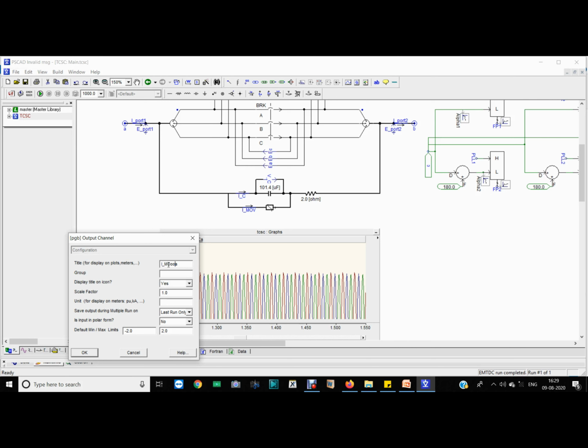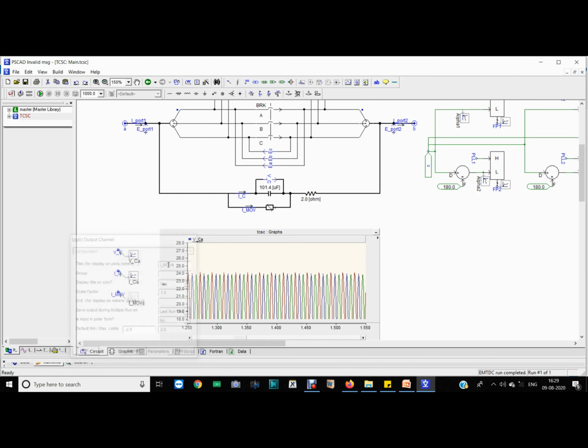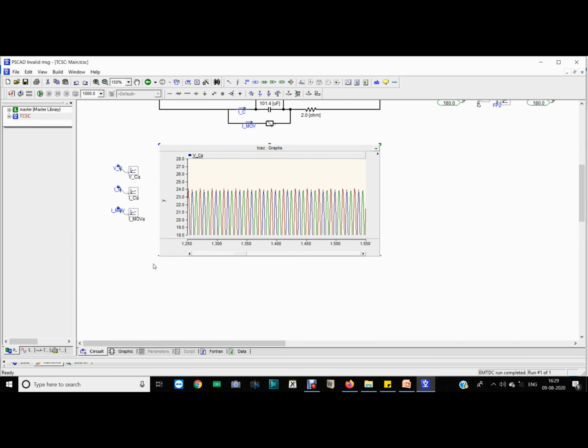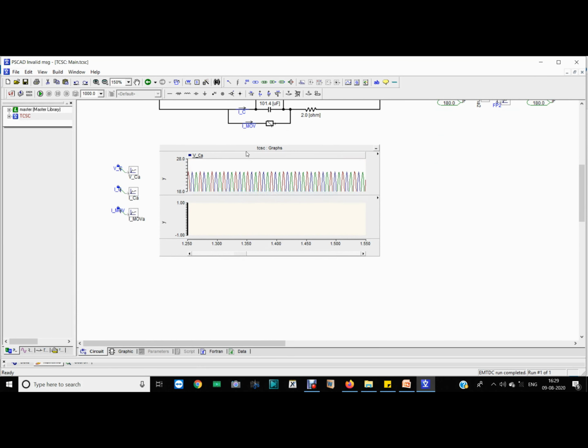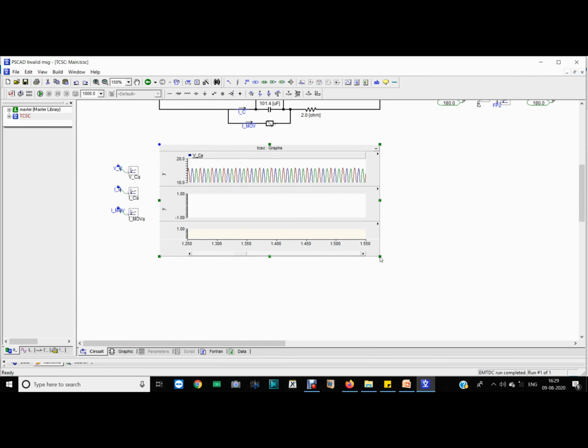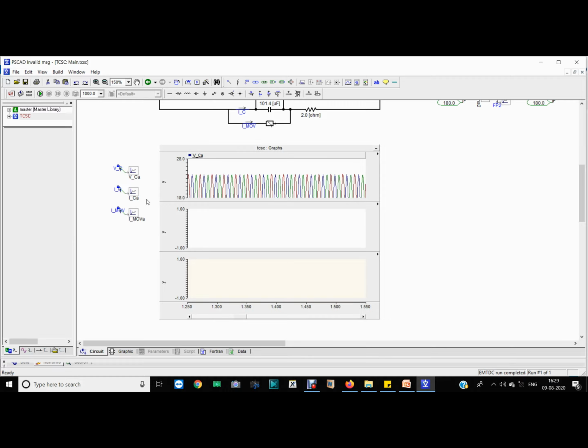MOV A, right? Okay, now take 2 more plots. Now this will be capacitive current, this is your MOV current.